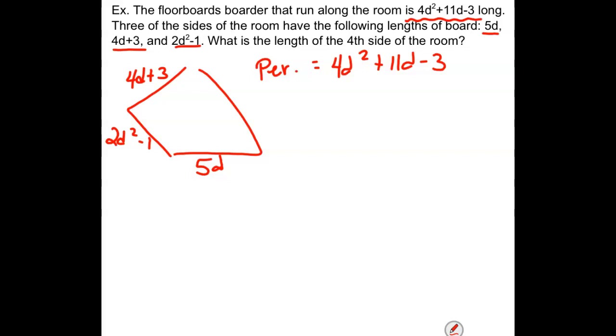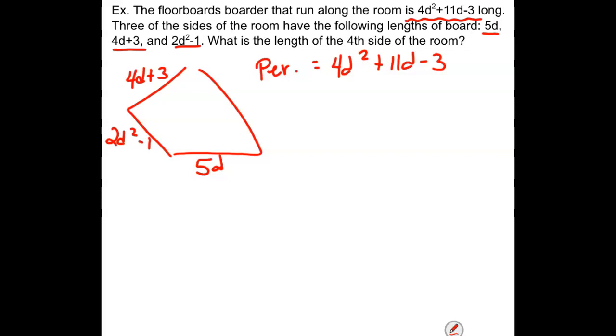Okay, so one option would be add up the 3 sides that we know, and then subtract that off from the perimeter. Could we subtract each one individually? Perimeter minus the first side, then minus the second side, then minus the third side. Yes? That would work too. All right, which one do you want to use? Add them all up first?